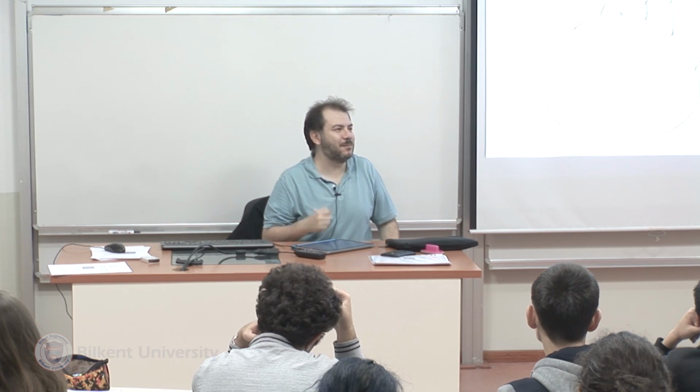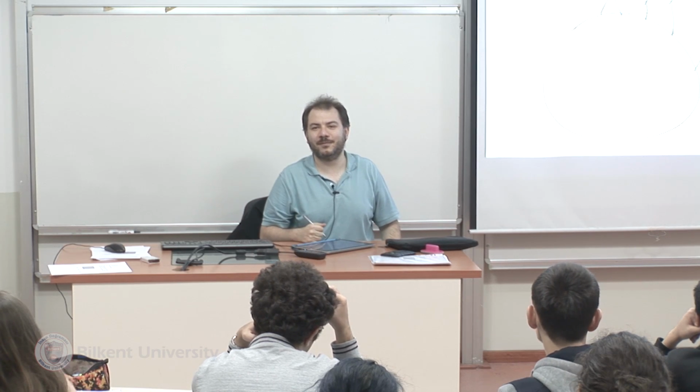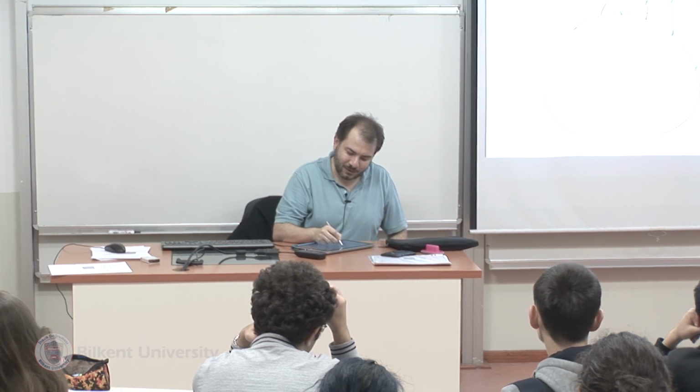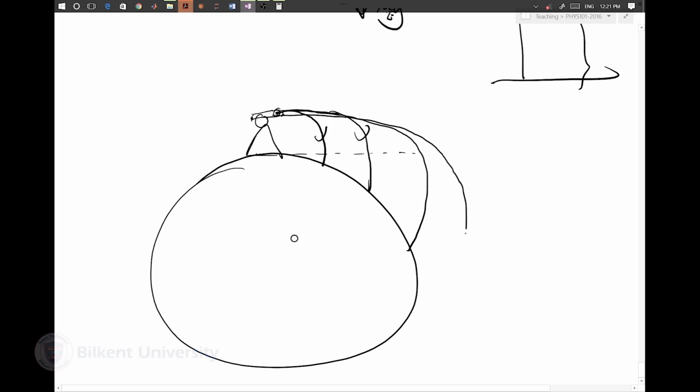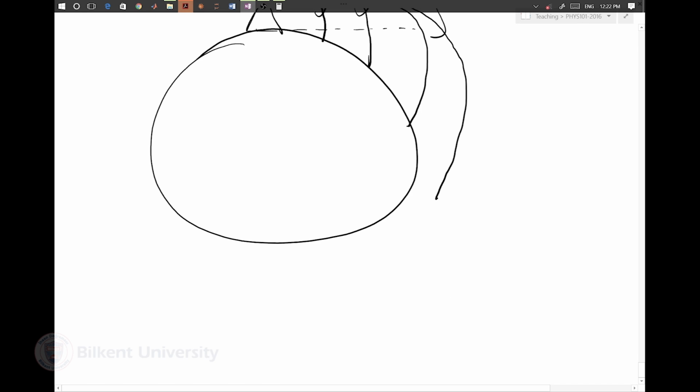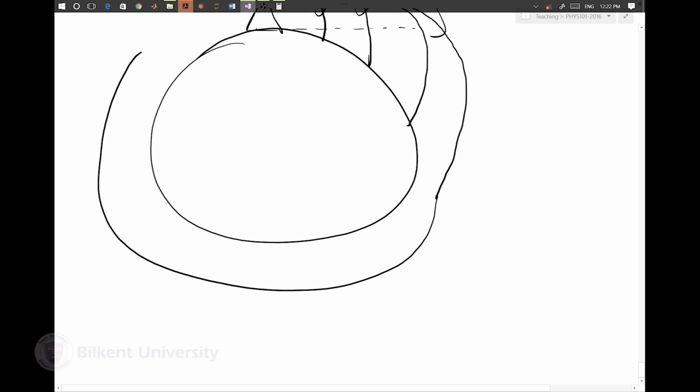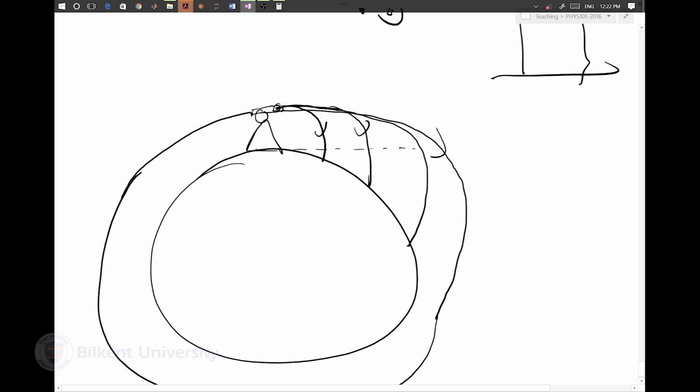So there must be some critical velocity. If I fire with that, the cannonball is falling towards Earth with g, but Earth is bending with the same curvature, so that the cannonball makes a full circle without falling down.